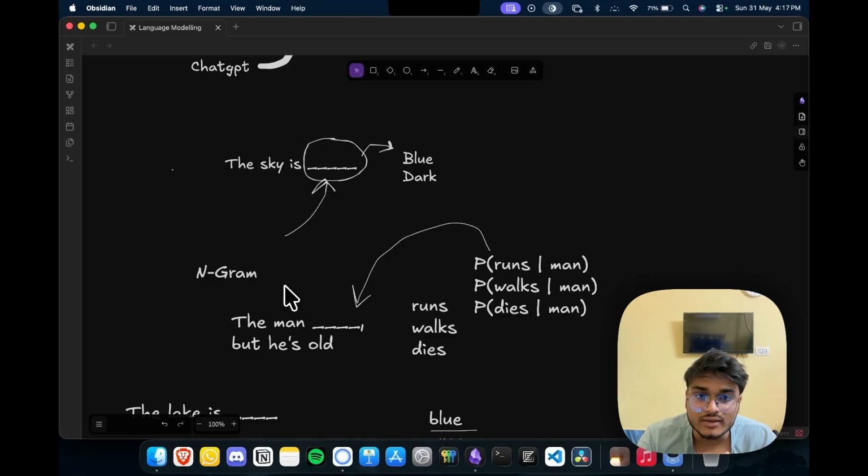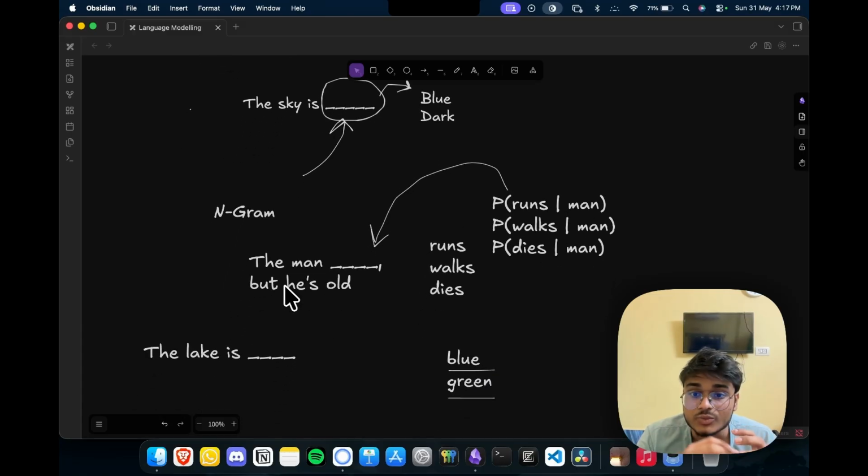And to find that probability, we are using the idea of the number of grams. What do you mean by number of grams? A number of sequence words. So we are finding what word might be the next word, and we are finding the probability of it. If the probability of it is higher than another word, we are considering that.